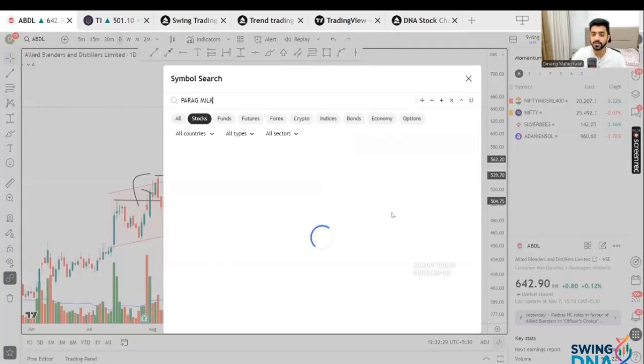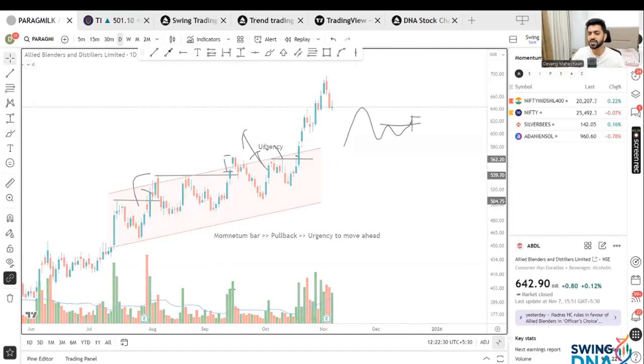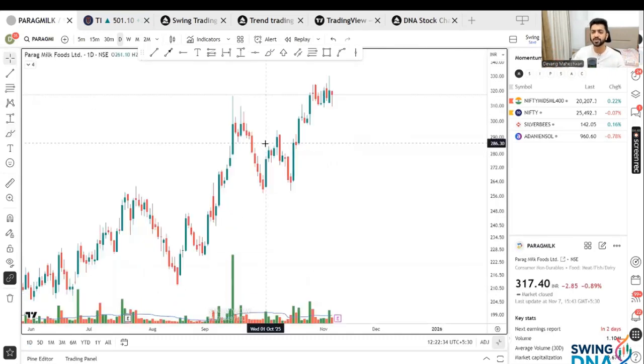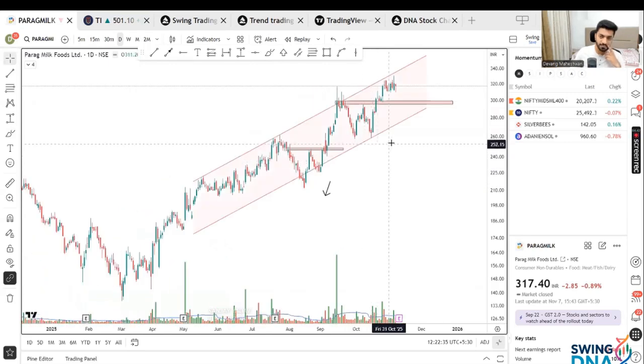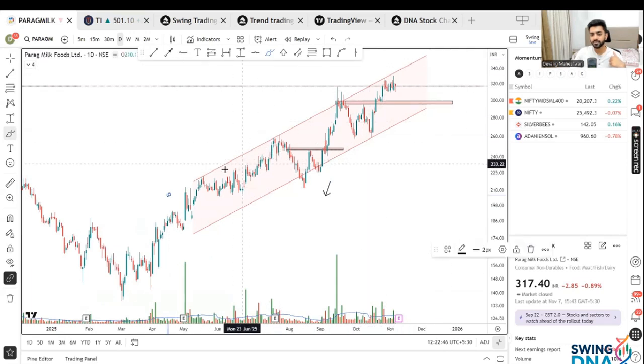Then Parag Milk. This is a big slope. A big slope is like 6-8 months, 1 year. It's just moving like this only. Look at this. This is a big sloppy base. It moves up, moves very slow, goes down, moves up, moves very slow, again gets rejected, moves down.